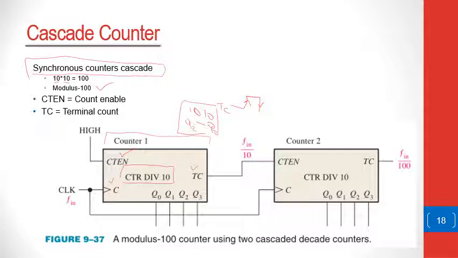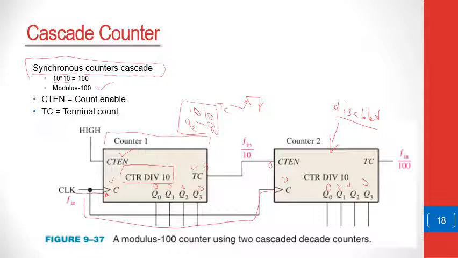Now the way it would work is the input clock here would activate this counter to operate. In the first instance, as you start, let's say the counters are all reset to 0, 0, 0, 0, 0, 0, 0, 0. When that is the case, the terminal count here will also be 0. So because the terminal count is 0, this enable will be 0 here. This counter is going to be disabled, which means it won't be activated by this clock signal that comes in here.